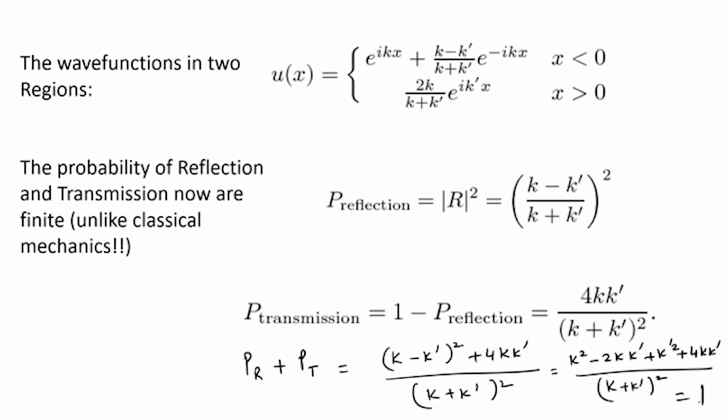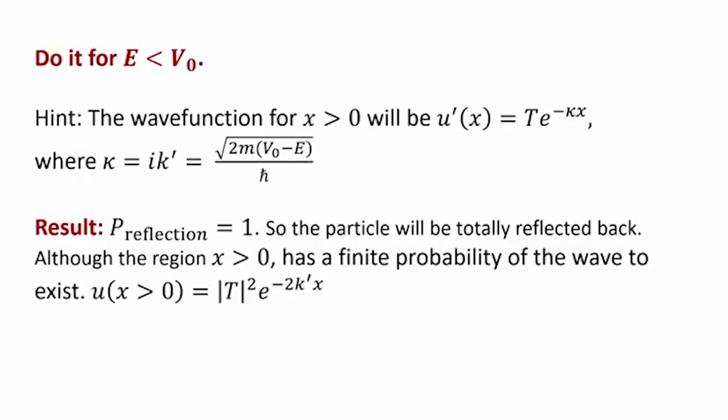This is equal to 1, which means that the probabilities of reflection and transmission add up to 1, which they should. Okay. The wave is not getting lost, it is not going anywhere. So, these two probabilities should become equal to 1.